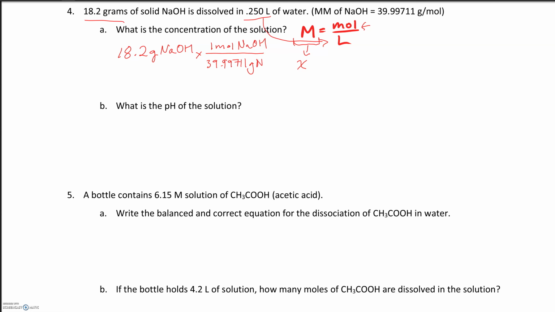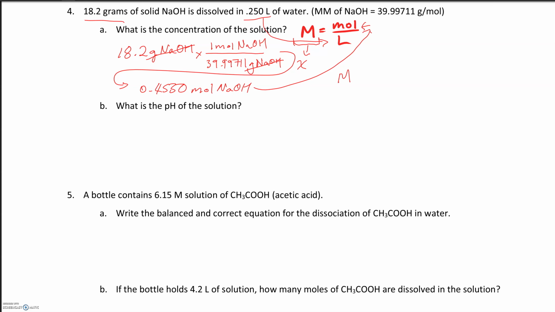This is for the NaOH, sodium hydroxide. Now we notice that the units divide each other out, giving us the number of moles right here. Sorry about these squiggly lines, but this ends up giving us 0.4550 moles of NaOH, sodium hydroxide.